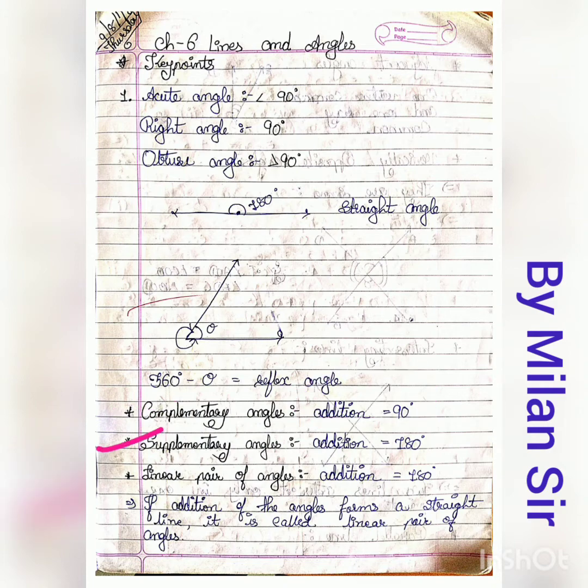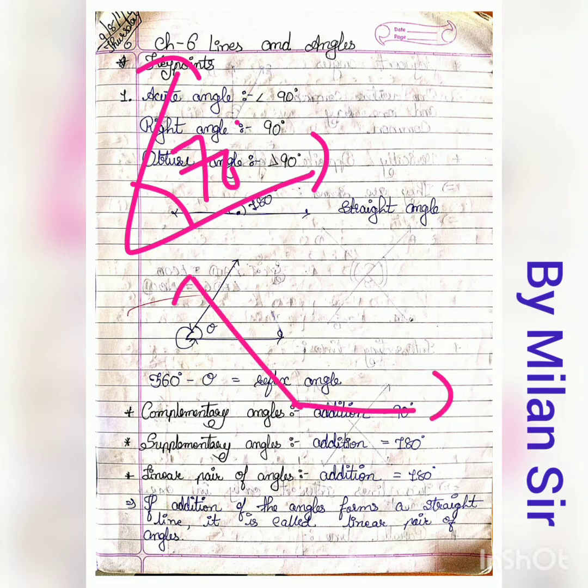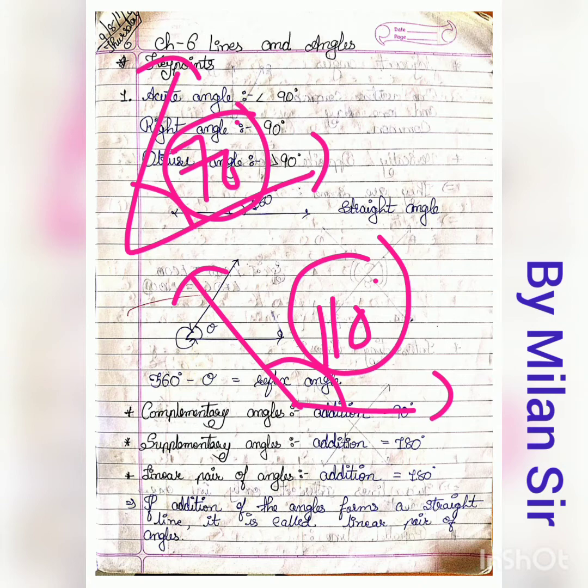After that, supplementary angles. Addition of two angles is equal to 180 degree. It is called supplementary angles. If one angle is 70 and the other angle is 110, then addition of these two angles is equal to 180 degree.